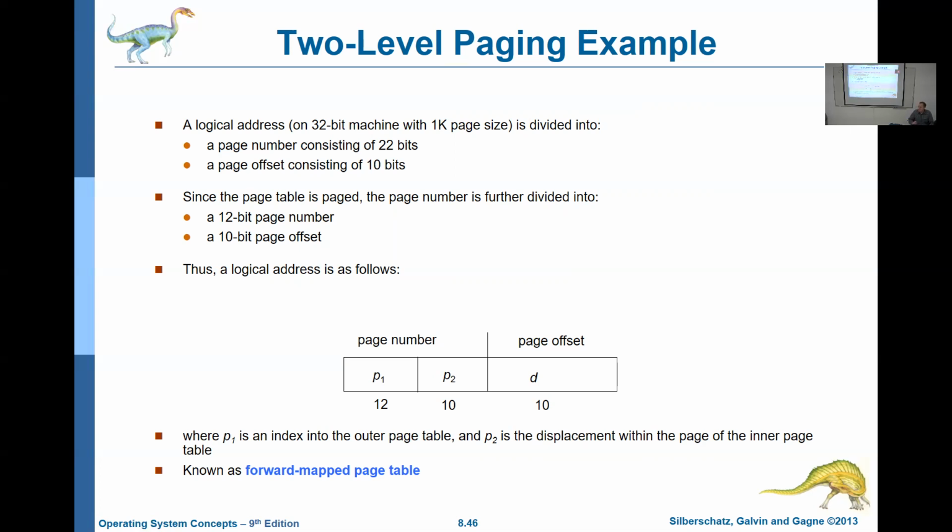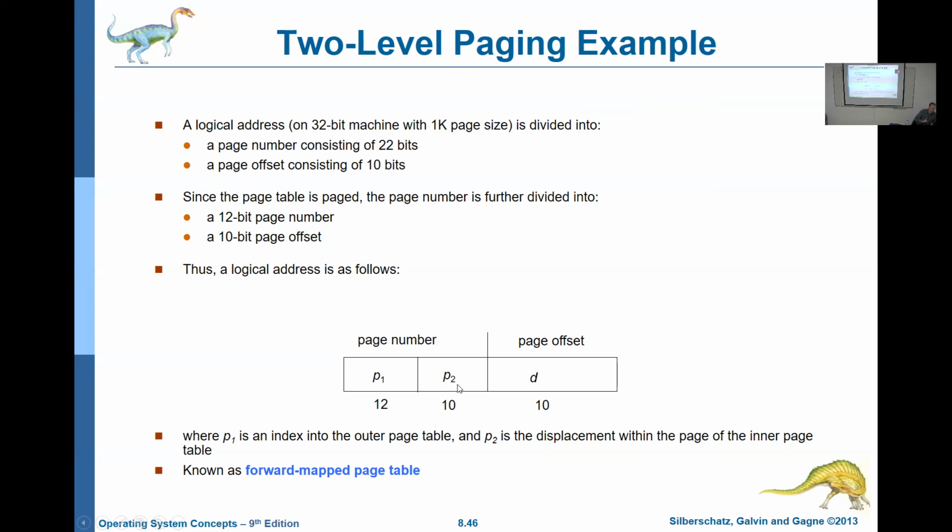I have 4 mega rows in my page table. Now, since this page table is paged, the page number is further divided into 2 sections. This part is important. This is an additional point which we need to understand here, which is that the offset is again 10 bits.